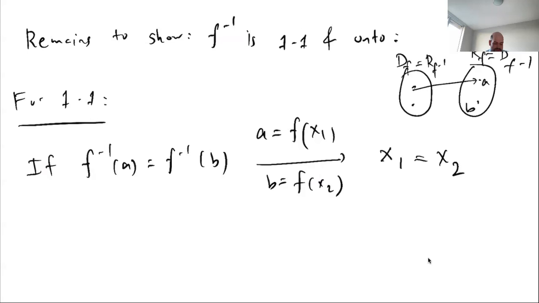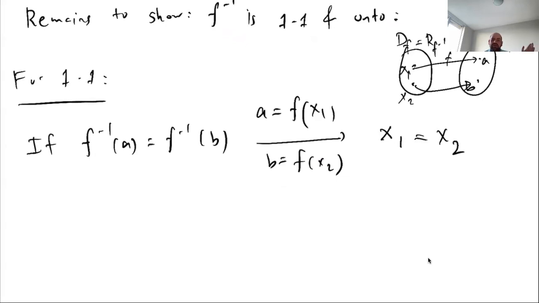This is x1, and this is x2, and this is F. So F of x1 is A, F of x2 is B. F inverse of A, according to this picture, is x1, F inverse of B is x2, right? x1 goes to A under F, and A goes to x1 under F inverse.